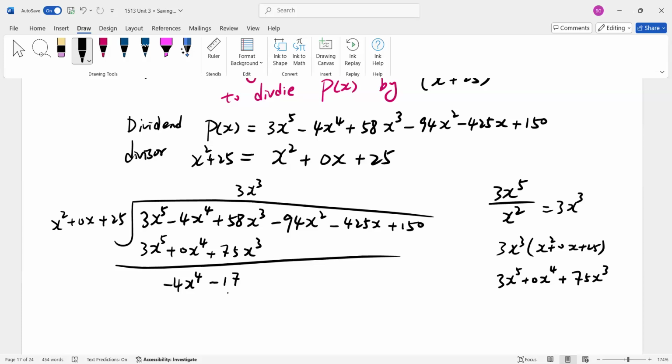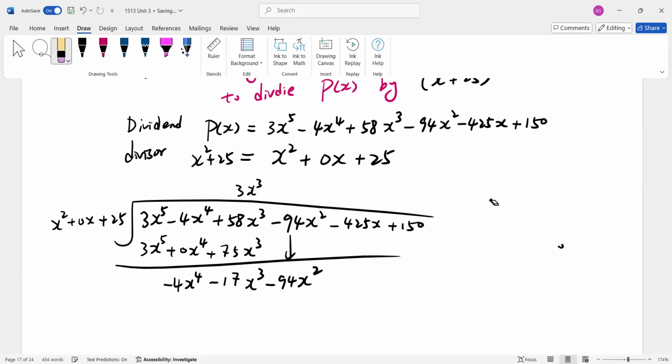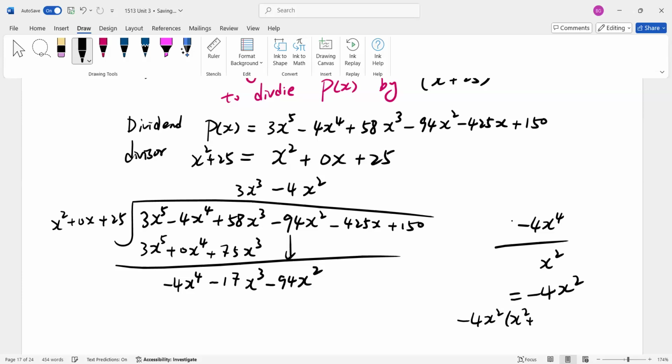Then bring down negative 94x squared and start another round. Use the leading term of the bottom polynomial, 94x fourth, over the leading term of the divisor, x squared. That gives 94x squared, right here. Then multiply 94x squared by the divisor, and we have 94x fourth plus 0x cubed minus 100x squared.